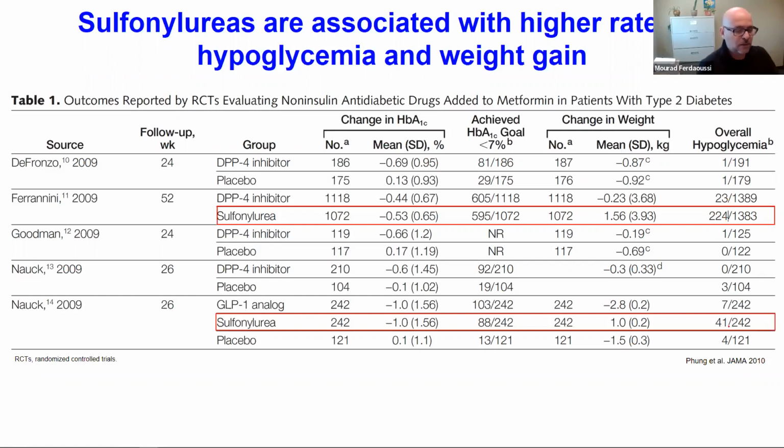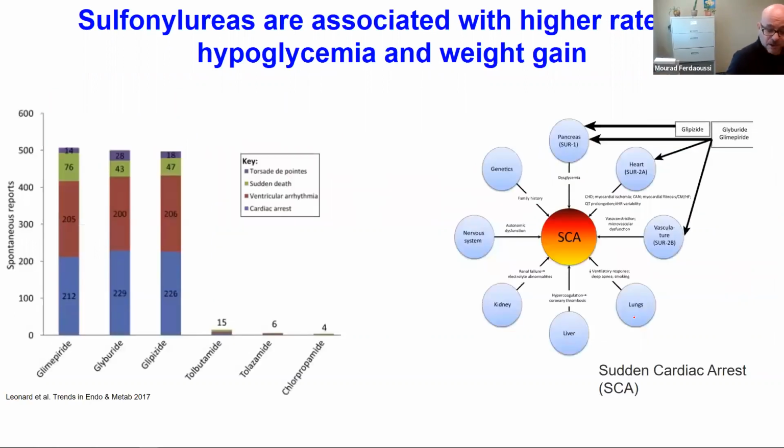Different clinical studies show this hypoglycemic effect. Besides, those patients that were treated with the sulfonylurea gain weight. So those are the main side effects with the sulfonylurea. And in addition, clinical studies showed that the sulfonylureas are also associated with different cardiovascular dysfunction, and in some cases, cardiac arrest that can cause death.